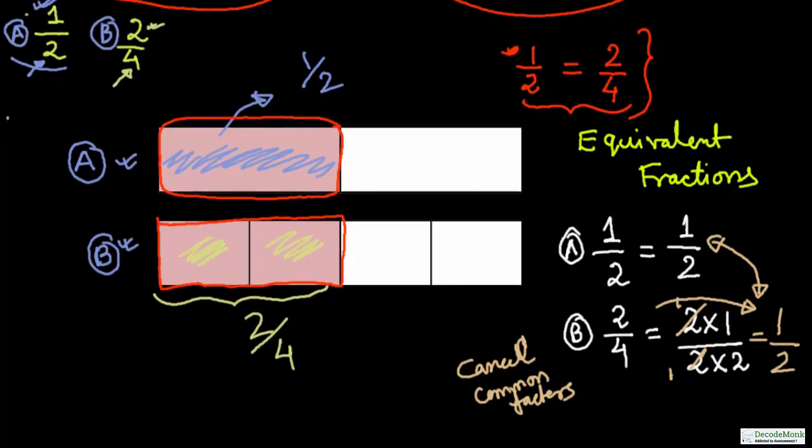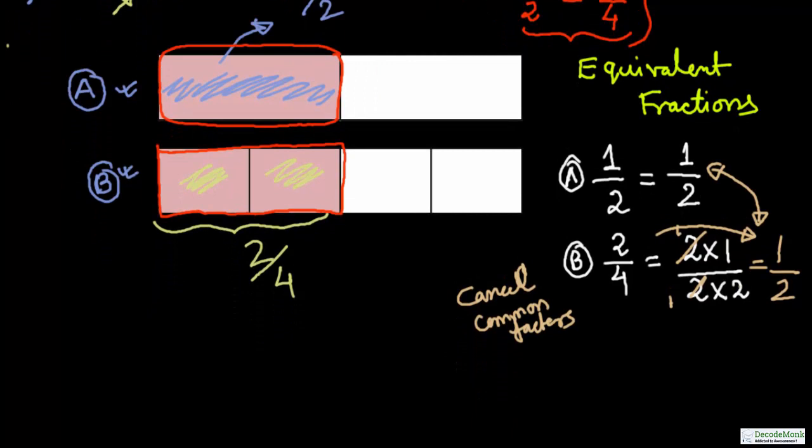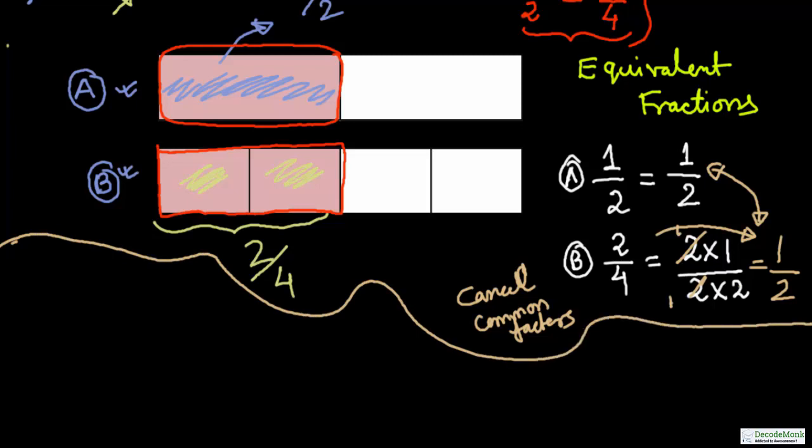Now this portion is complete. If you have not understood, please rewind the video and watch again. Please come over here. If you are asked now to compare two fractions, 3 upon 4 and 4 upon 6, how will you compare these two fractions?